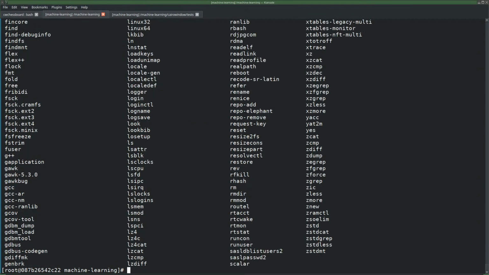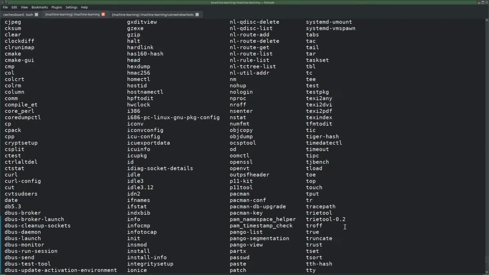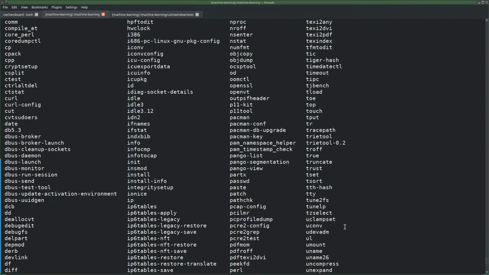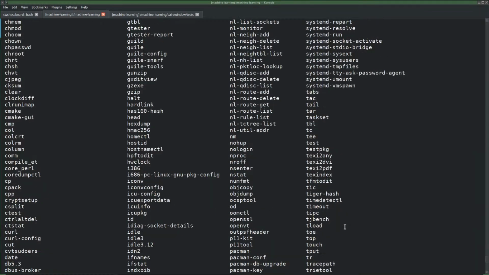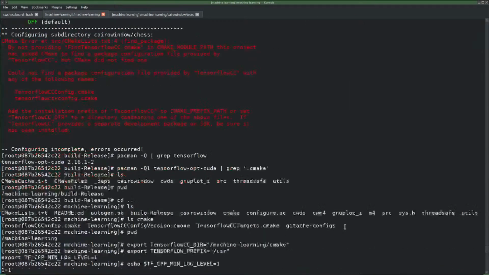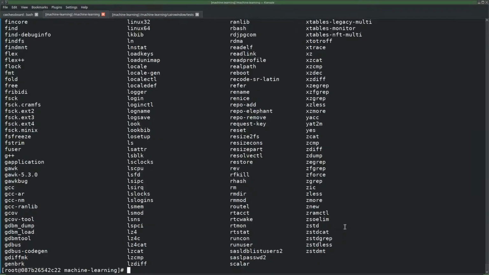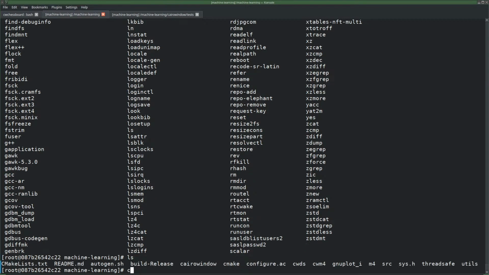But pacman -Q, tens. Give me one tensor. Nope, no tensors here. I don't know, of course it's installed there. Okay, do I have to export it? Nah, probably not. So let's go again. CD build release, CMake.